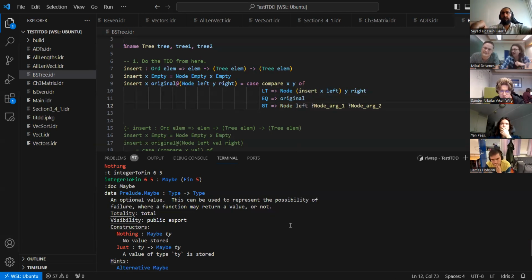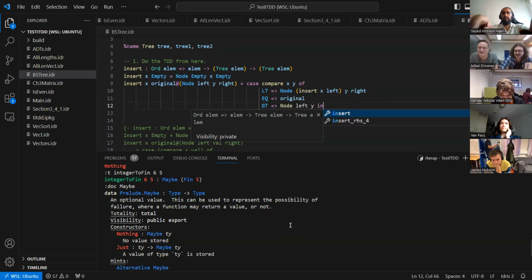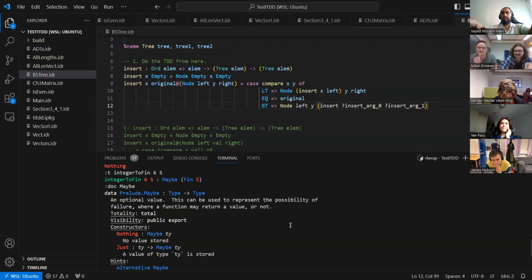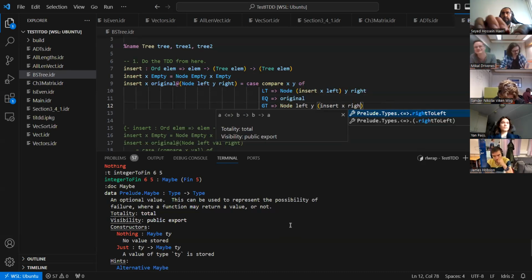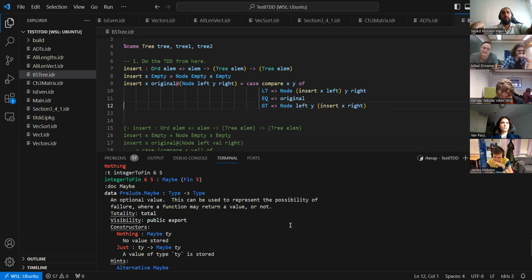Okay. What do I put here? Y. What do I put here? Insert X right, in brackets. Very good. Okay, well done. We have our case split, and that's our insertion, right?